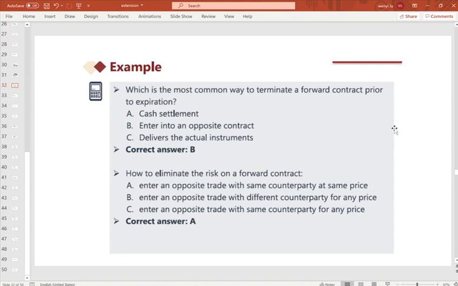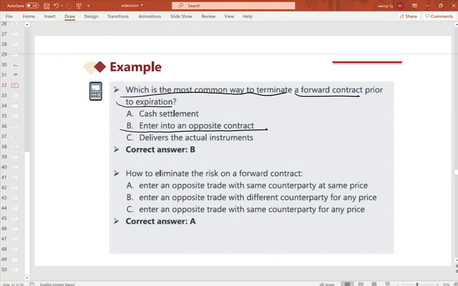So here there are two questions I got from the CFA Level 1 test. The first one: which one is the most common way to terminate a forward contract before expiration? We should enter an opposite contract. Be careful in the question set, it is a termination before the expiration.